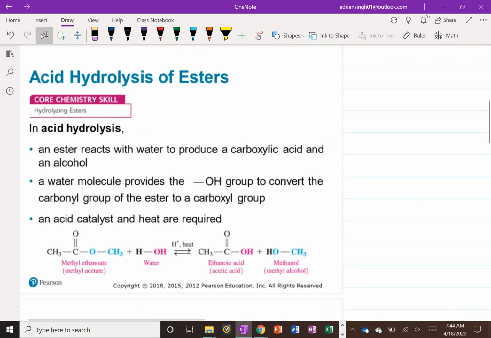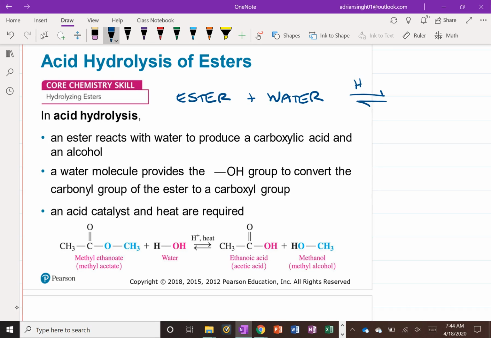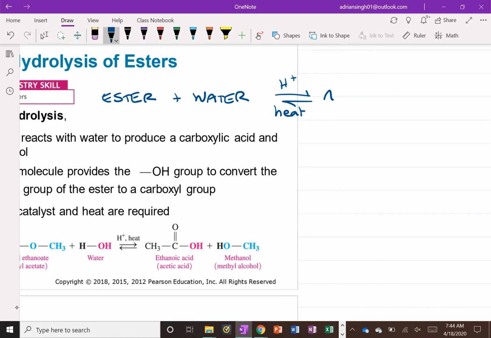So under acid hydrolysis, the ester is going to react with water, and we're going to need an acid catalyst for this to happen. We're also going to need a little bit of heat for that process to happen. And we end up producing the original carboxylic acid and the alcohol.